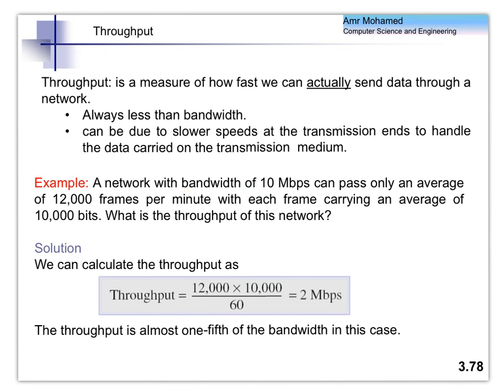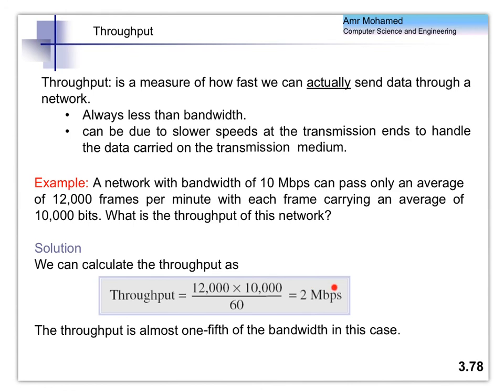So at the transmission ends to handle the data carried on the transmission. Okay, so if a network with a bandwidth of 10 megabits per second can pass only an average of 12,000 frames per minute, and each frame carrying an average of 10 kilobits, we can simply calculate the number of bits per second by multiplying the number of frames times the size of the frame, and because it's per minute, we divide by 60.